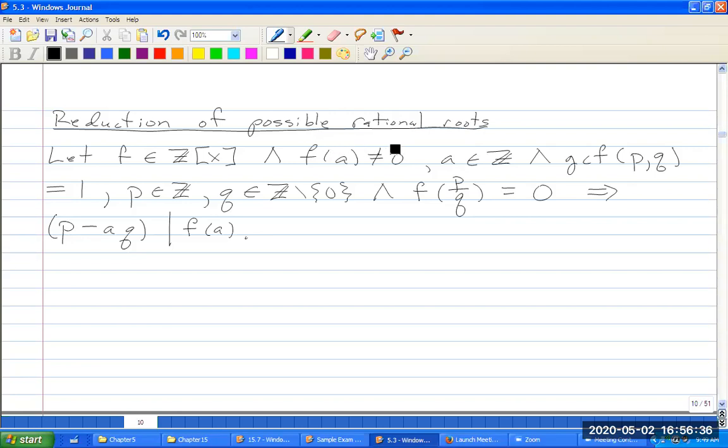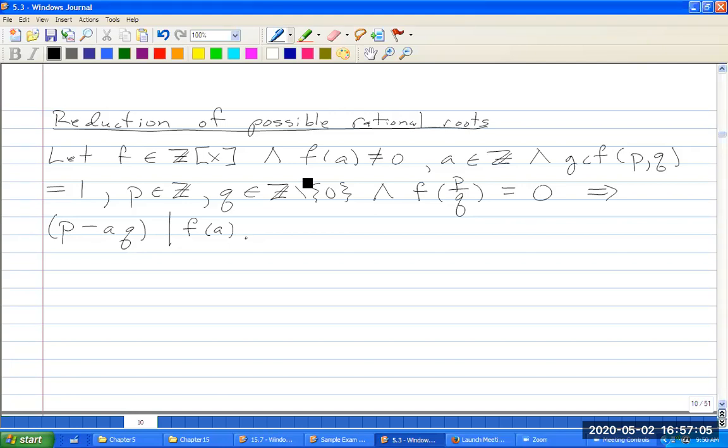So suppose f of a is not 0, and suppose that a is an integer. So you plugged in an integer value, not one of the fractions, because we don't like fractions yet. And suppose that the greatest common factor of P and Q, which are integer values, and of course Q is not 0, is 1, so they're relatively prime.